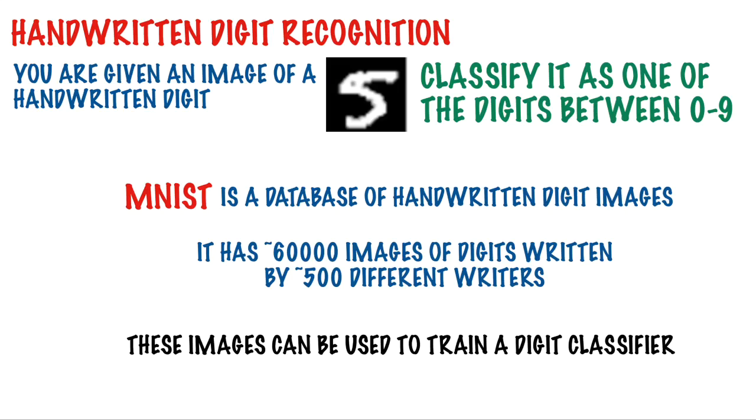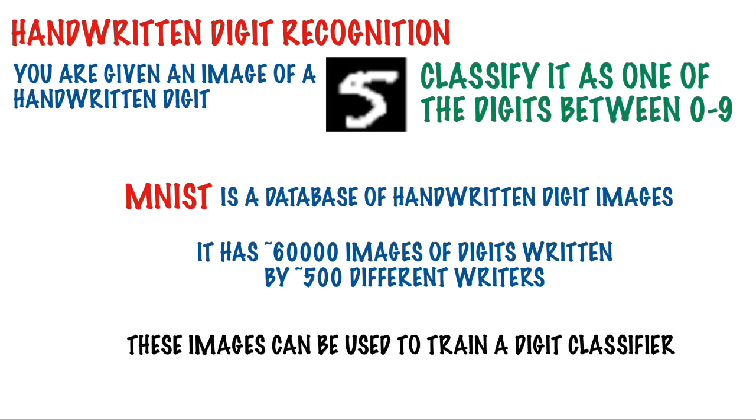It has about 60,000 different images of digits, written by 500 different writers. Each of these images comes with the correct label, which digit it is between 0 to 9.